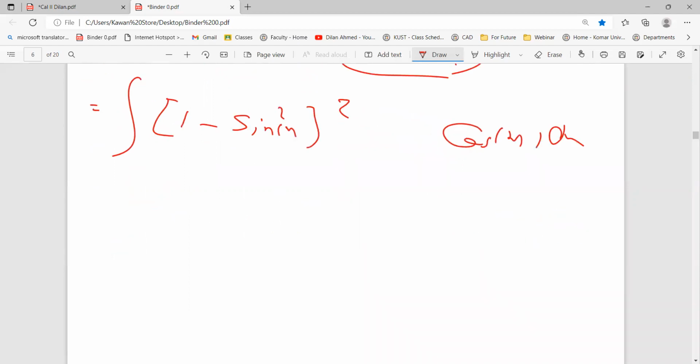Now, yes. So how do we open the complete square, or how do we open the square of the bracket? First square minus 2 multiplied first second plus second square. Am I right?